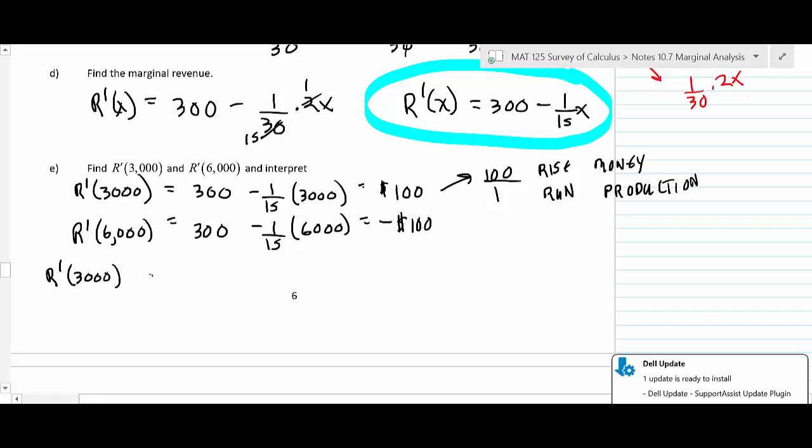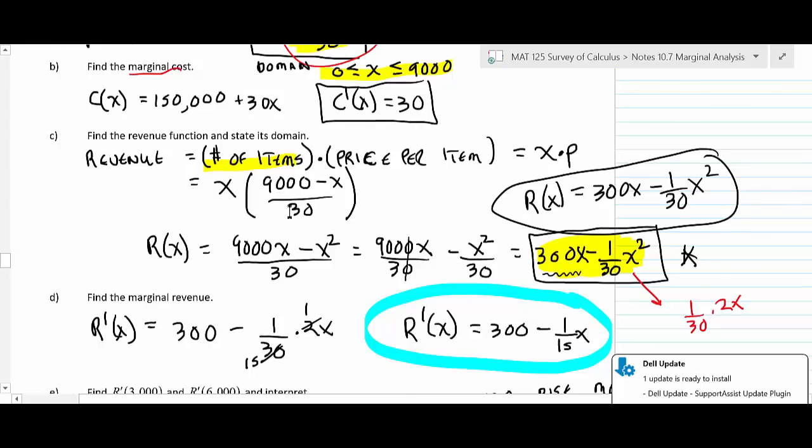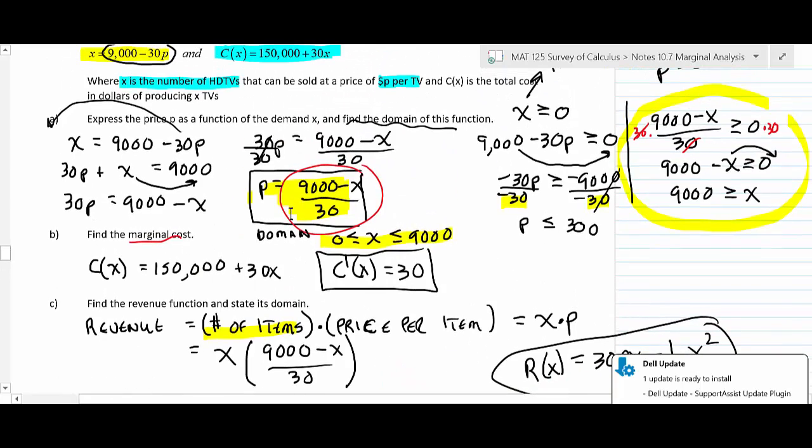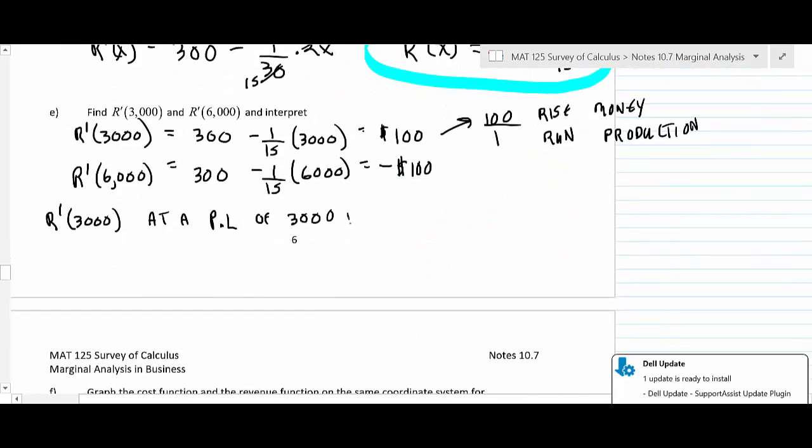You want to say at a production level, I'll abbreviate that PL for production level, at a production level of 3,000, I think these were HD TVs, of 3,000 HD TVs. Now that's a positive number.